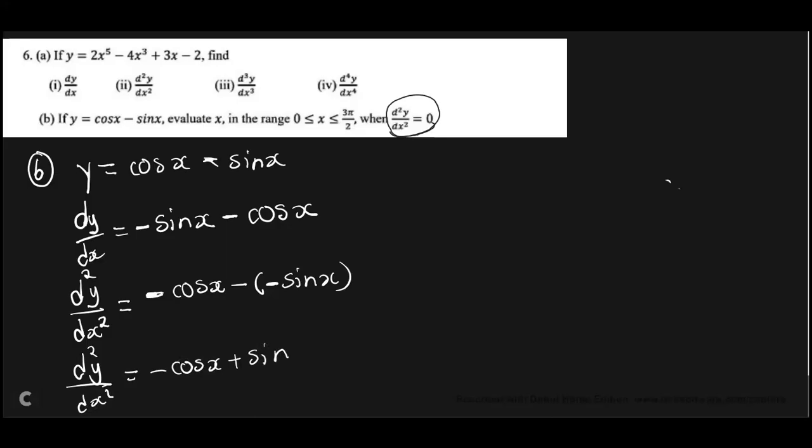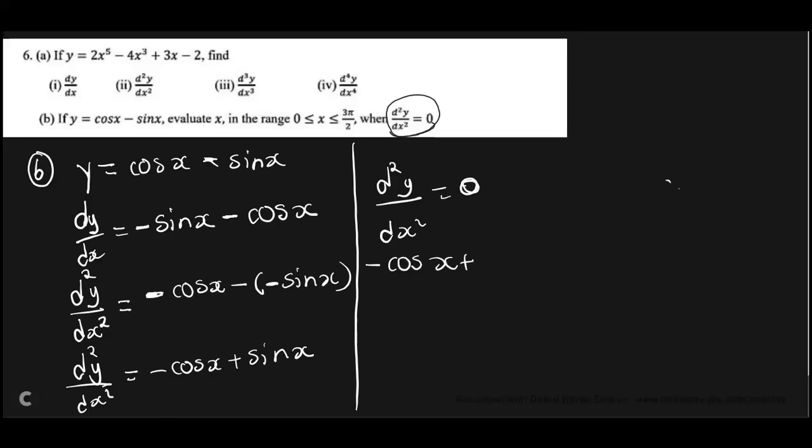Now the question is saying that the second derivative is supposed to be equal to 0. So since the second derivative is equal to 0, we equate it to 0.